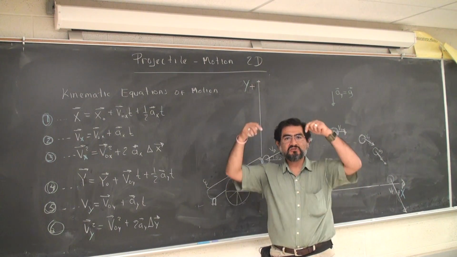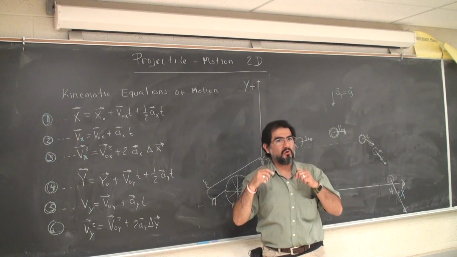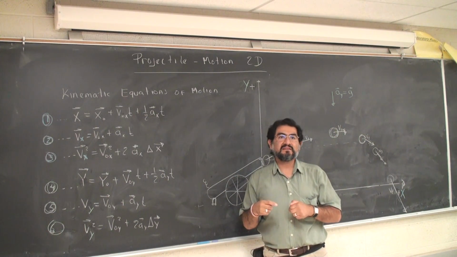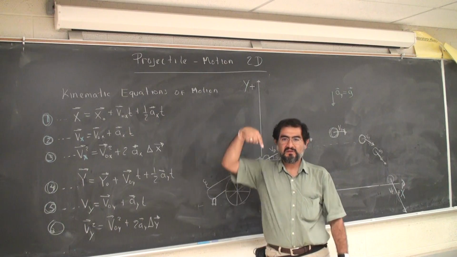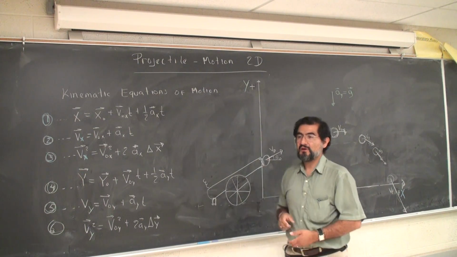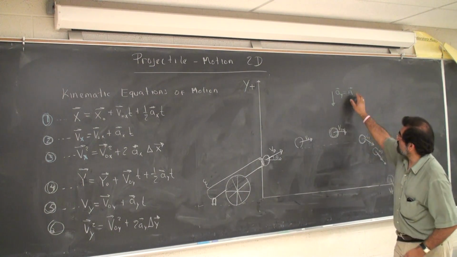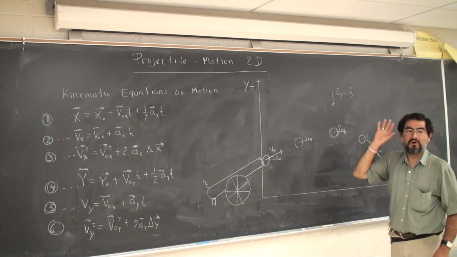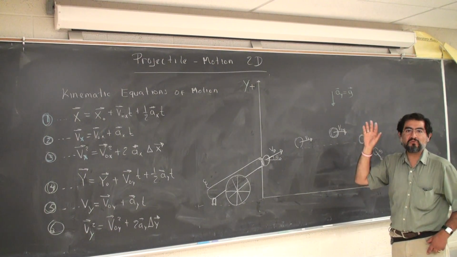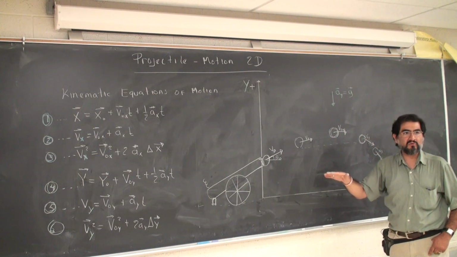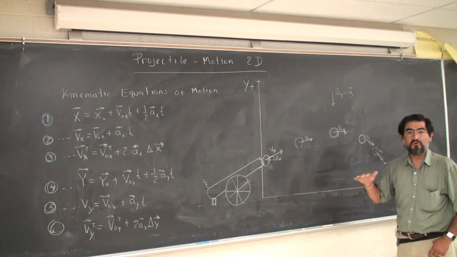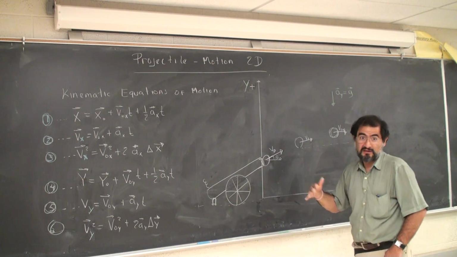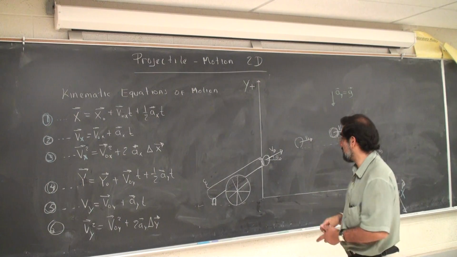Acceleration. What acceleration? Gravity. Gravity is constantly changing the velocity, pulling in the downward direction. So I'm going to write here that we need to keep in mind that the acceleration is constant all the time during this kind of trajectory on the surface of any planet.